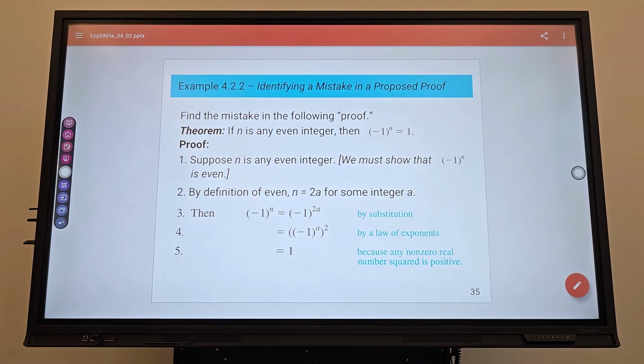If n is even, then it equals 2a, which means minus 1 to the n equals minus 1 to the 2a, and that equals minus 1 to the a to the second, which equals 1.